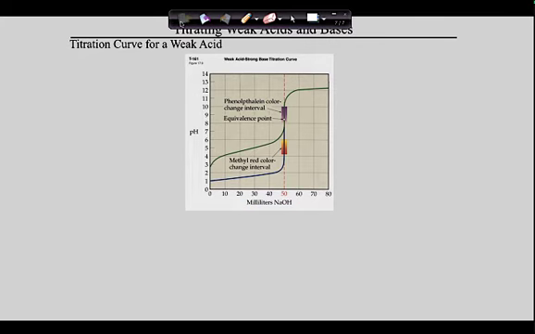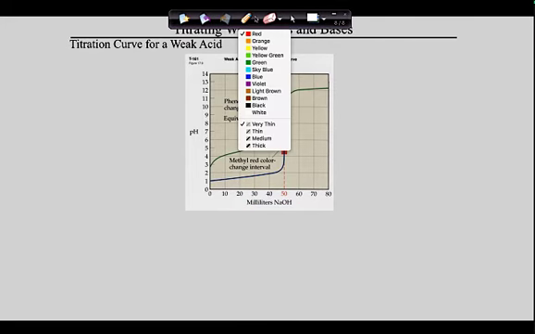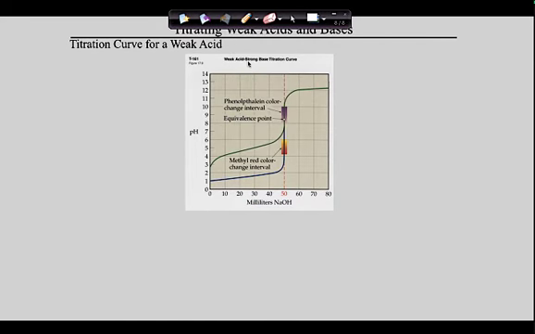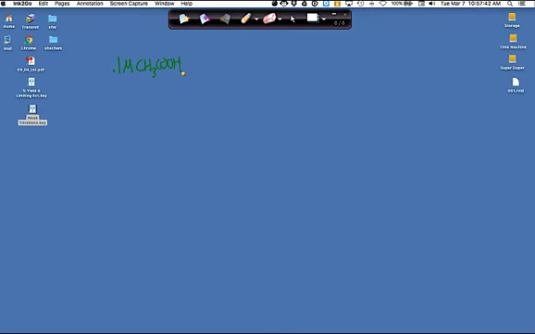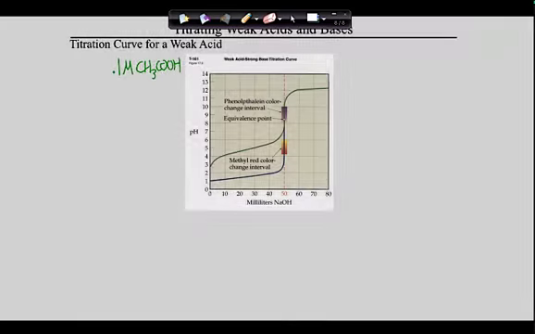Let's go green, because it matches green. So guys, this is 0.1 molar CH3COOH. So guys, this is 0.1 molar acetic acid.